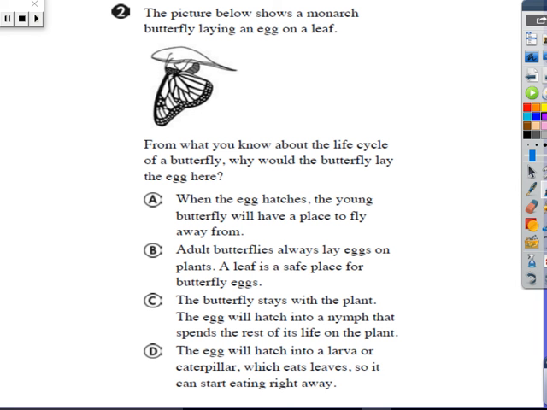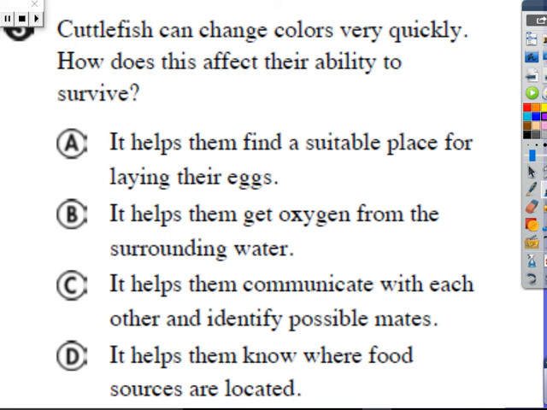The leaf is a safe place for the butterfly's eggs. The butterfly stays on the plant. The egg will hatch into a nymph that spends the rest of its life on the plant. The egg will hatch into a larva or a caterpillar, which eats leaves so it can start eating right away. So why do they lay their eggs there?